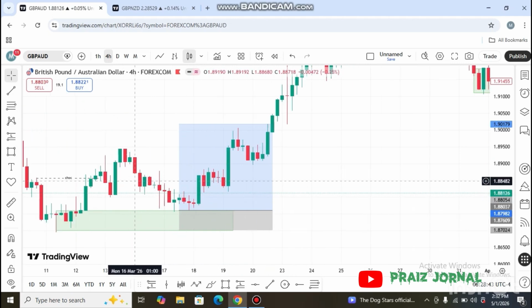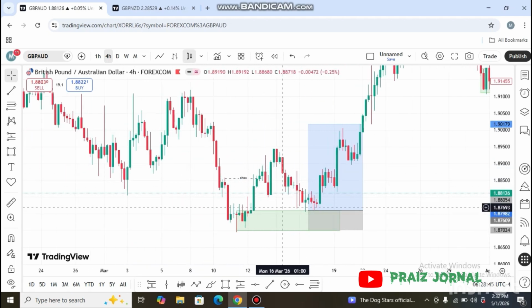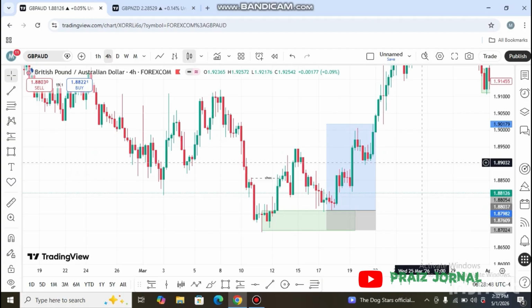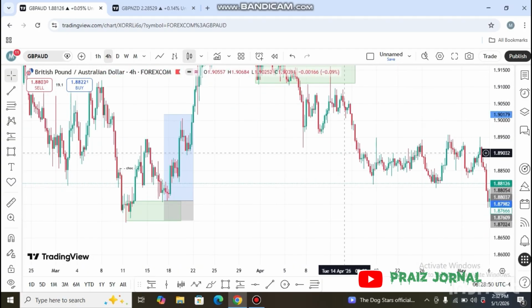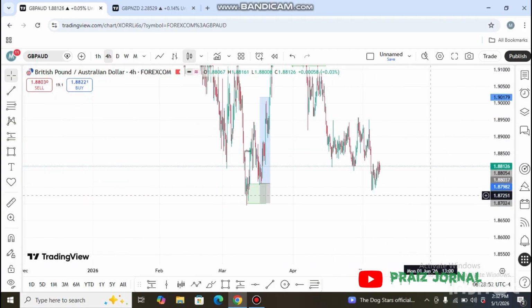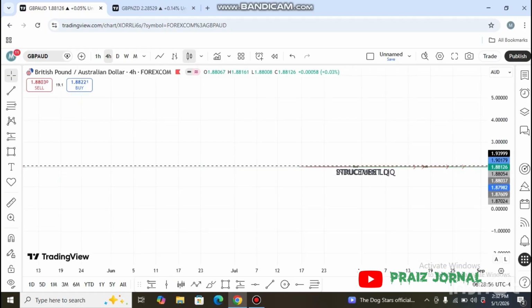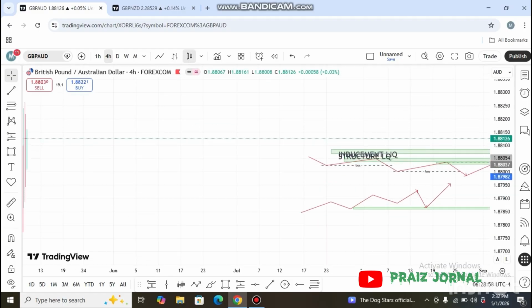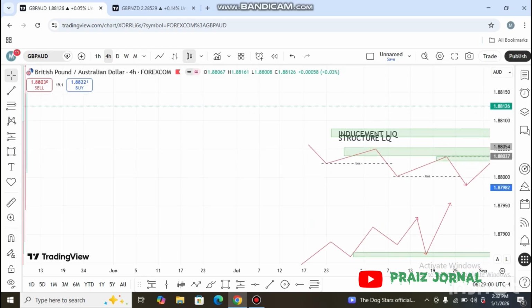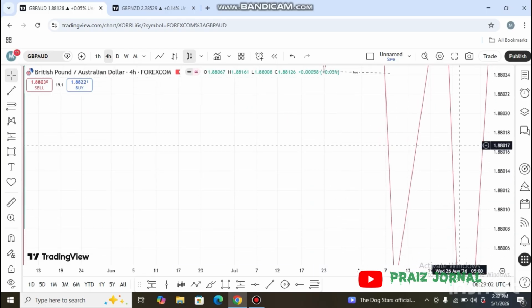You will hardly see this type of liquidity in the market. I won't lie, you will hardly see it. The liquidity you will see most of the time is this structure liquidity. You will see this structure liquidity more of the time, and I want to show you guys. Let me arrange this chart.